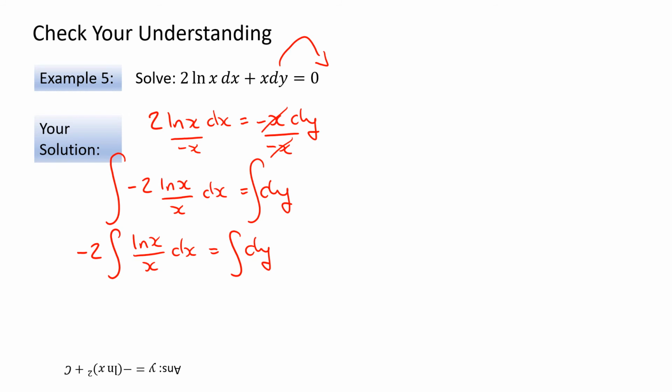So I'm going to let u equal ln of x. So du by dx would simply be 1 over x. Or remember, and we're using this again for differential equations, we can solve for just du by moving the dx to the other side. And we get du is 1 over x dx.